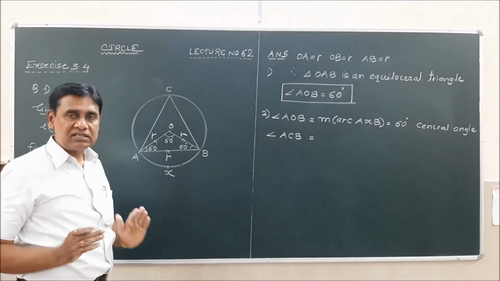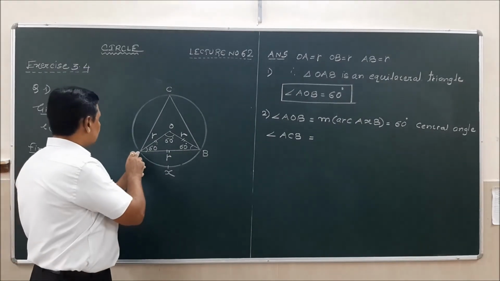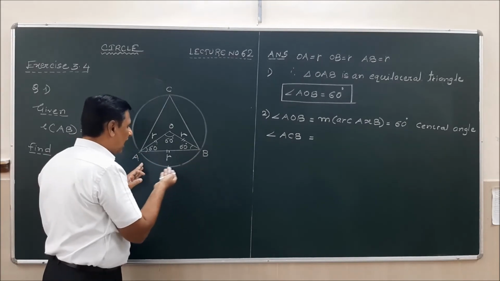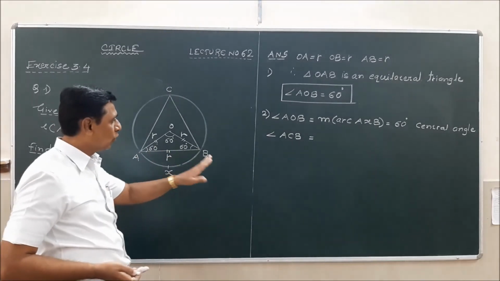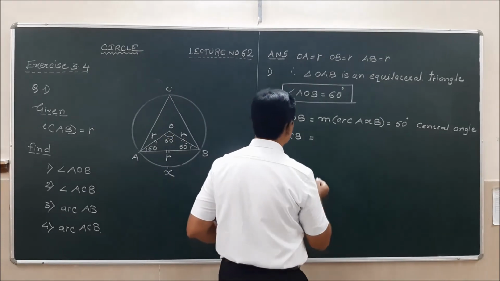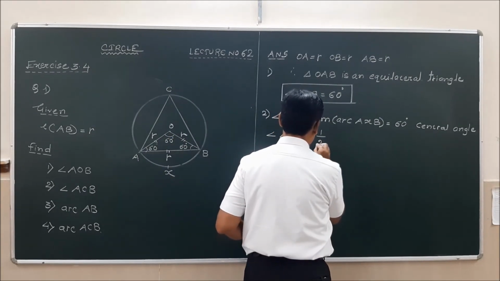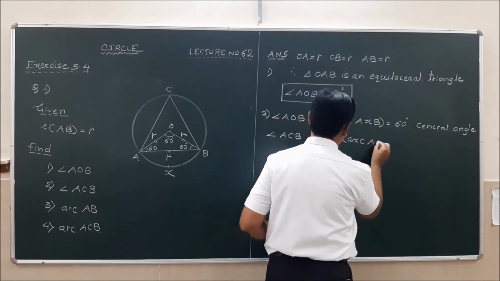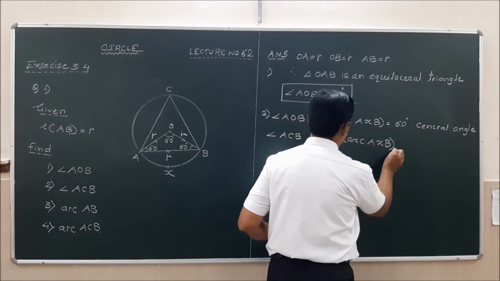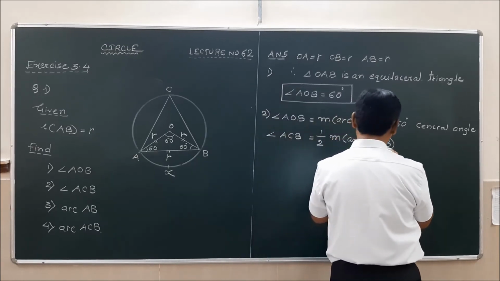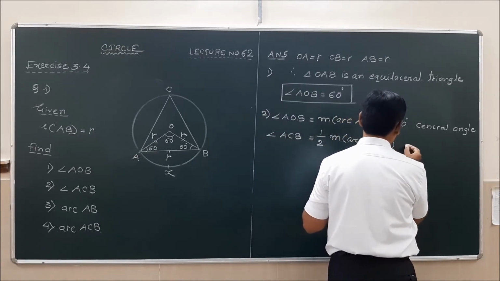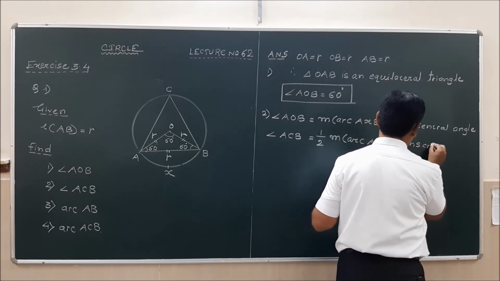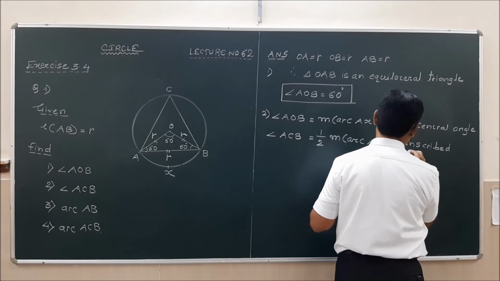This is very important to understand. Angle ACB has intercepted the arc AXB, and therefore the measure of angle ACB is equal to half the measure of arc AXB. That is very important. I am going to give the reason for this. This is called the inscribed angle theorem.